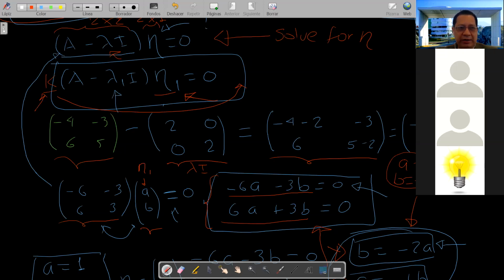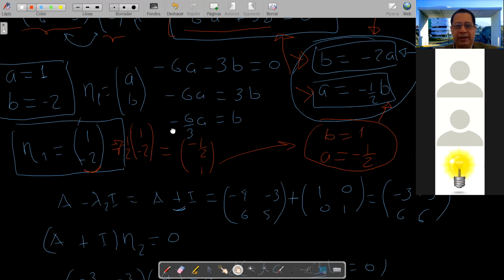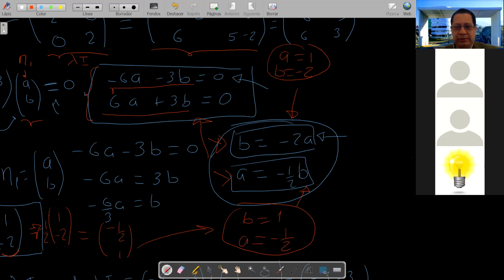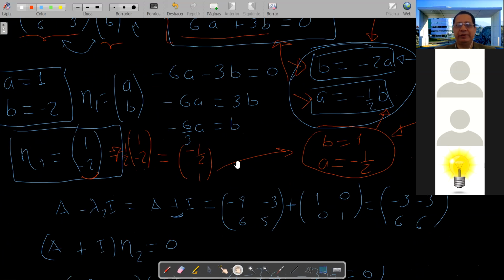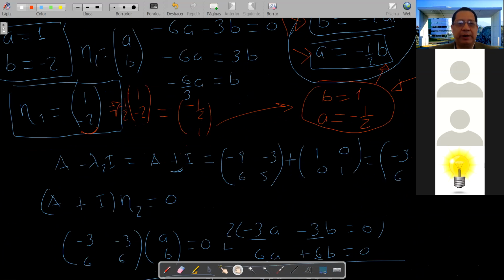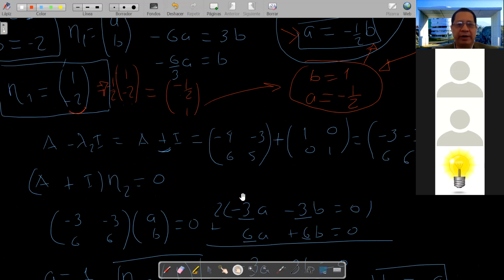So you can use any number here, and the solution still will be the same, because you can always move this number to the right side, and it will divide 0, which is equal to 0. That's why you can use any one of these solutions, because they will always be a multiple, a k factor being multiplied. So it doesn't matter. You can use your eigenvector or a multiple of your eigenvector.